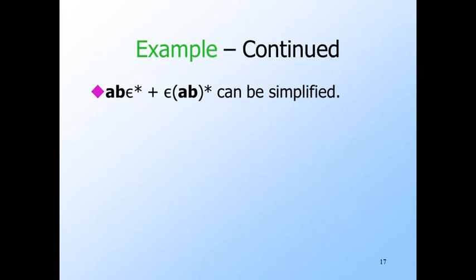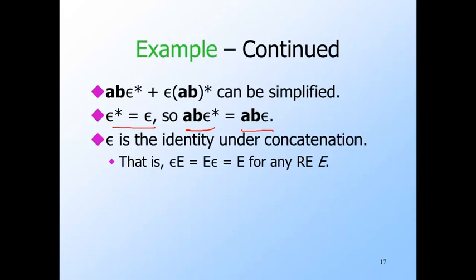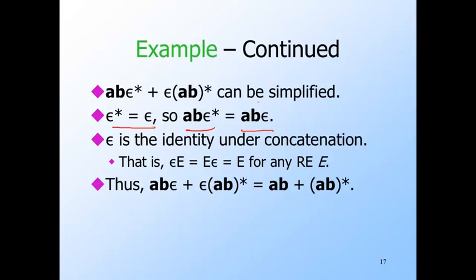We can simplify this expression considerably. First, epsilon star is any number of empty strings, so we can replace AB epsilon star, that's this, by just AB epsilon. Remember that the empty string is the identity under concatenation. So we can remove the epsilons to give us just AB plus AB star.